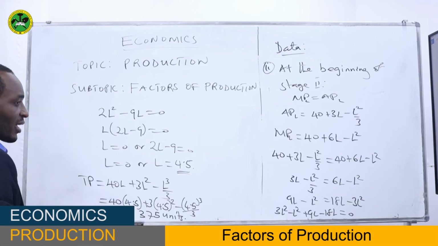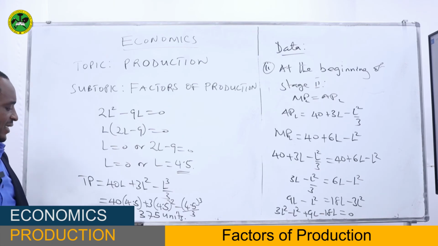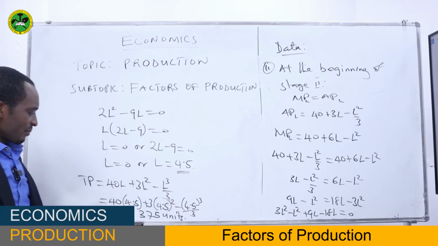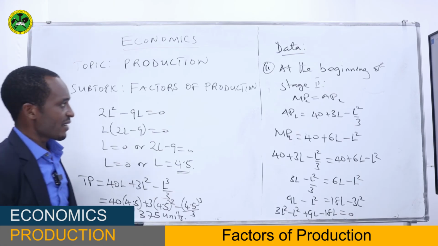So the output at the beginning of stage 2 will be 210.375 units.